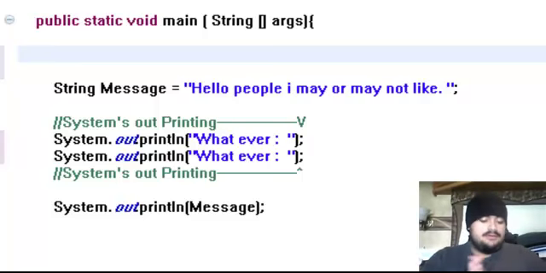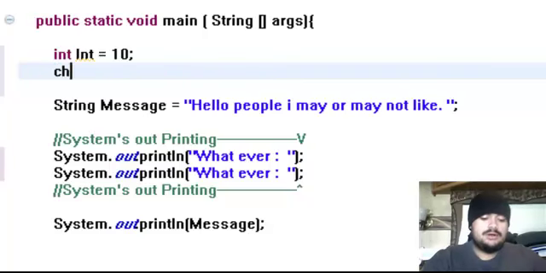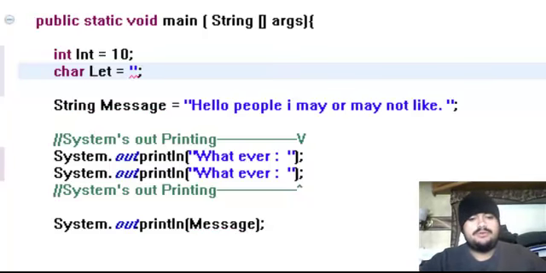Let's go ahead and make some integers, some chars, and some other stuff. We're going to start with an integer: int equals 10. Now we're going to do char, C-H-A-R. We're going to set the char name to let, short for letter, in single quotations. You're going to want to put a letter, C for cyber.